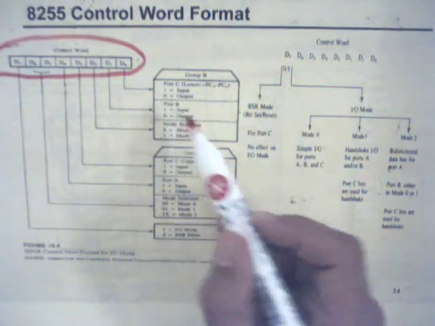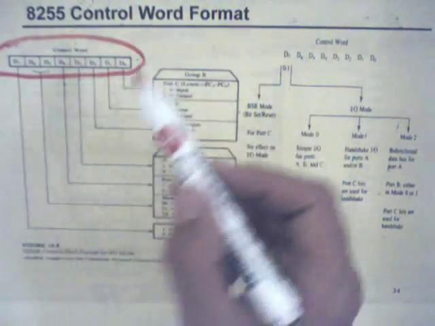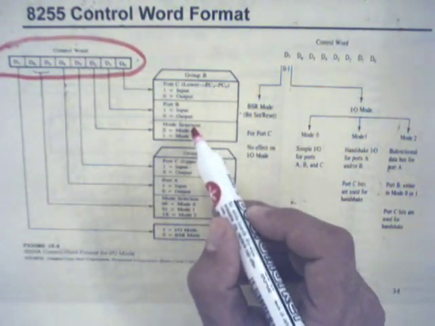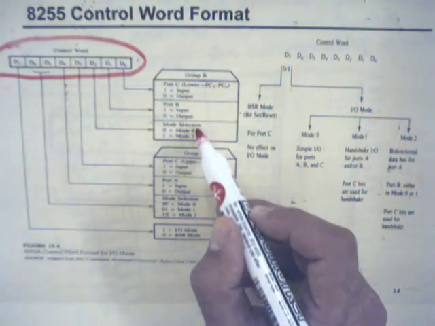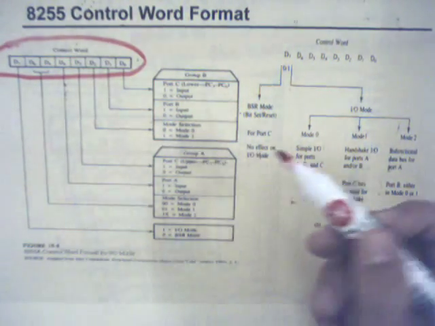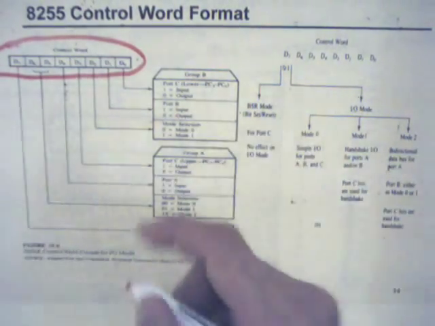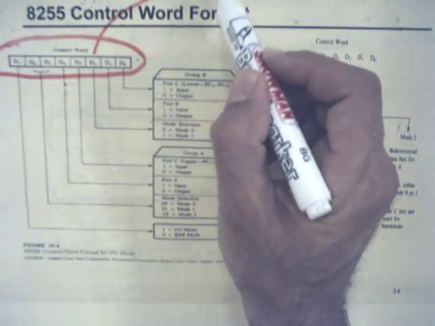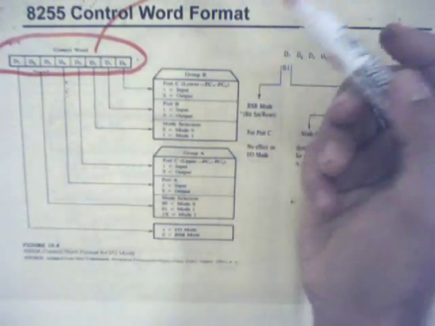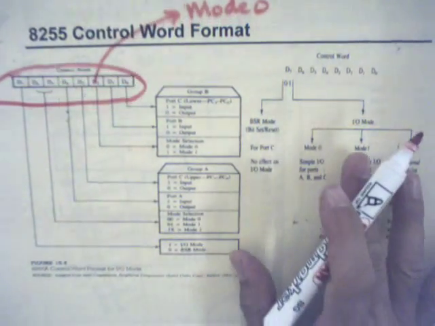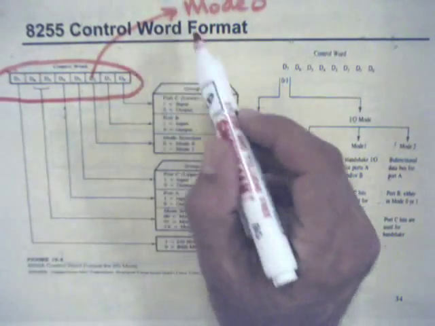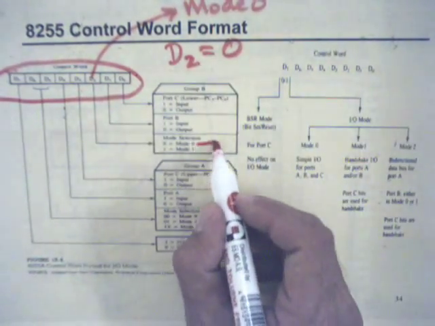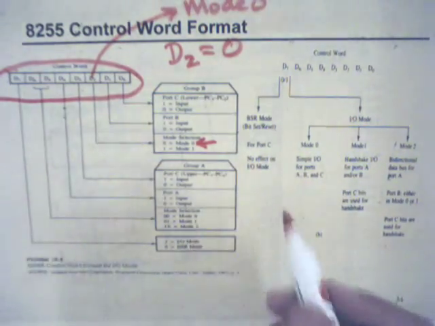Now the next bit, D2 bit, whenever it's 0, 8255 is operating at mode 0. So in this particular film, since we are dealing with mode 0, D2 should be 0 because it's written or given here.